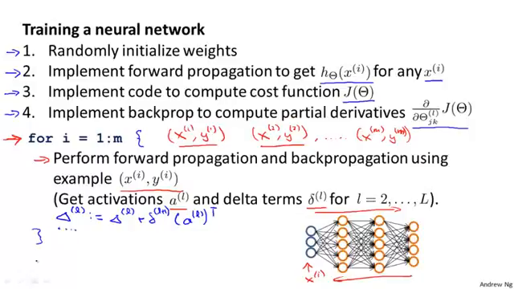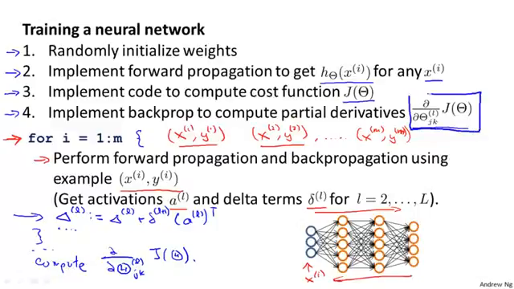And then finally, outside the for loop, having computed these accumulation terms, we would then have some other code that will allow us to compute these partial derivative terms. These partial derivative terms have to take into account the regularization term lambda as well, and those formulas were given in an earlier video. So having done that, you now hopefully have code to compute these partial derivative terms.